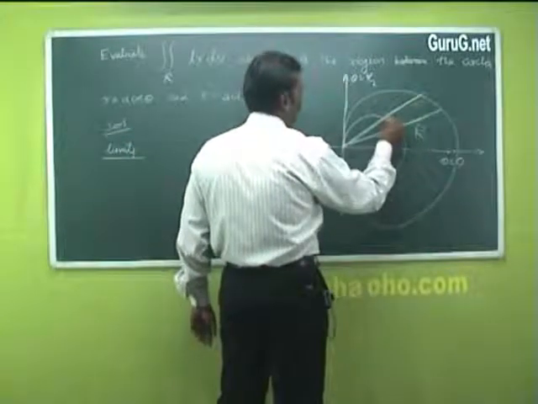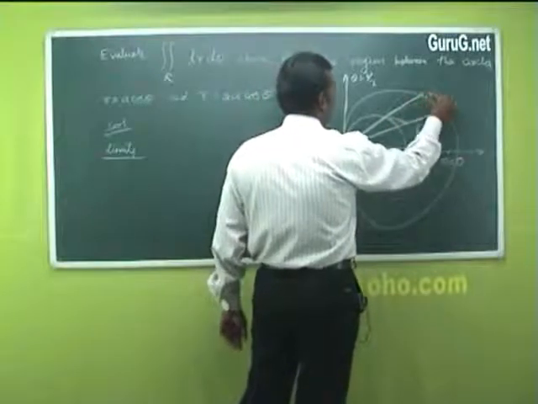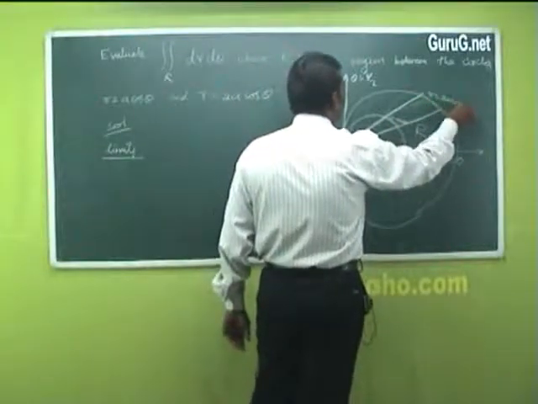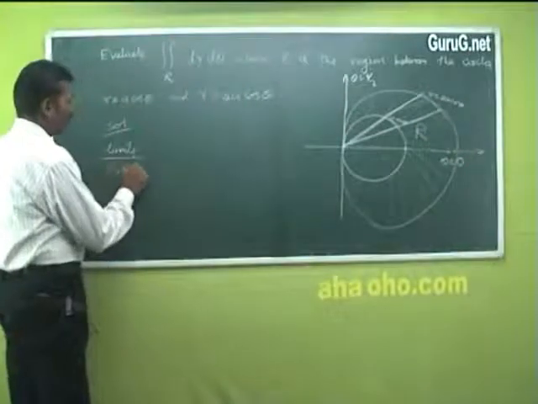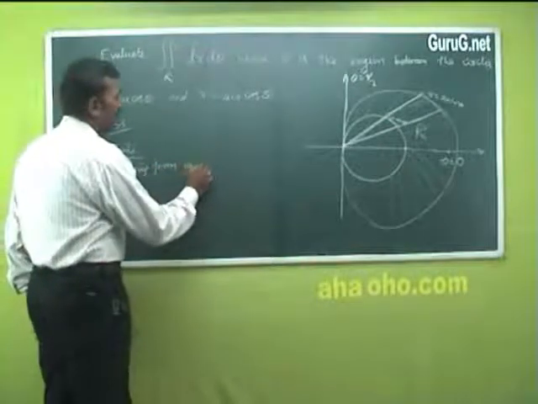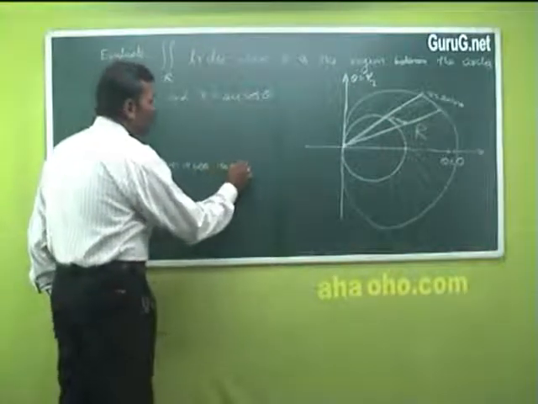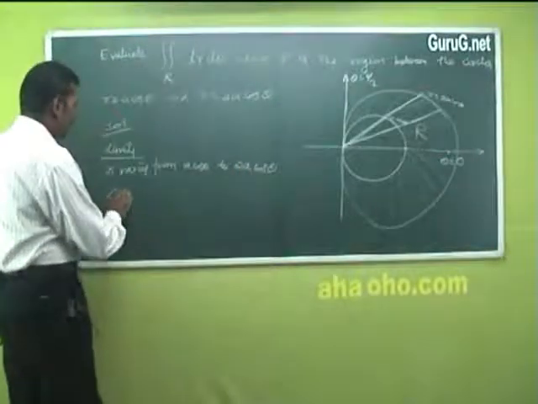So r equal to a cos theta, and this line is what? r equal to 2a cos theta. So the limits: r varies from a cos theta to 2a cos theta. Then theta varies from.